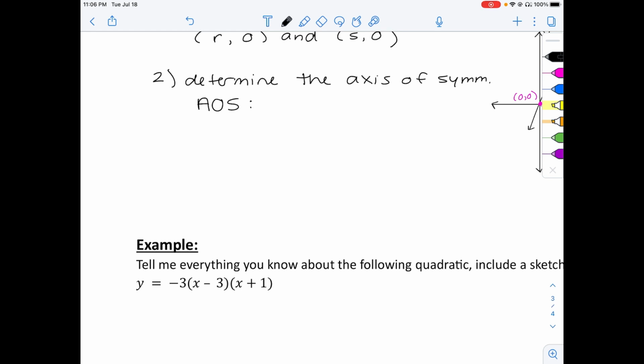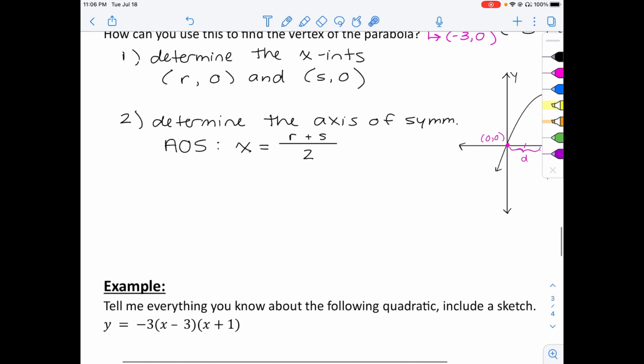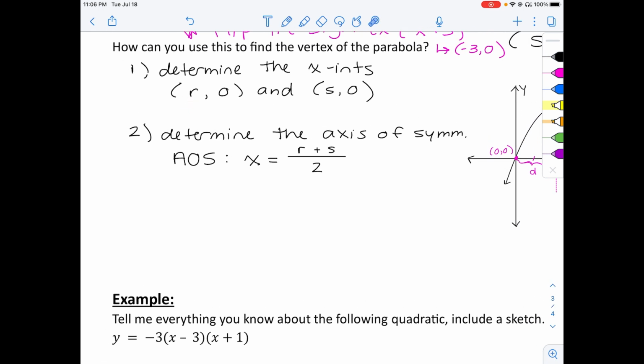We know the equation for the axis of symmetry is always x equals something. The way we calculate it is x equals (r plus s) divided by 2. Whatever the values of my x-intercepts were, that's after I've flipped the sign from the equation.